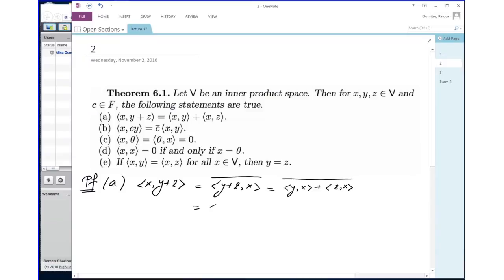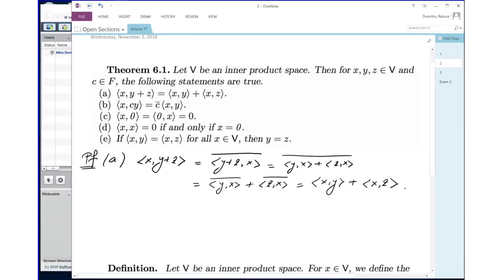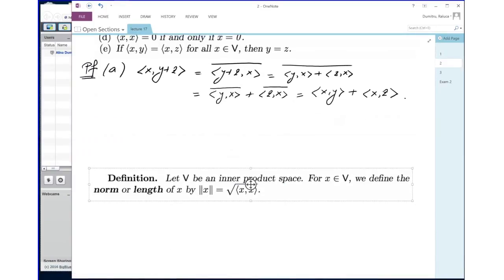Okay, but then the complex conjugate will also distribute. And the complex conjugate of the inner product between y and x is the inner product between x and y, and the other one is the inner product between x and z. And we're done, right? It behaves nicely with addition in the second component.